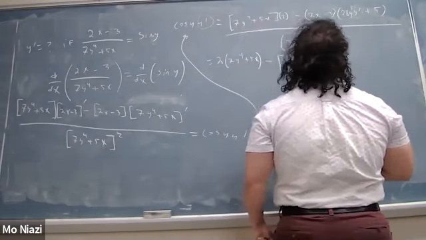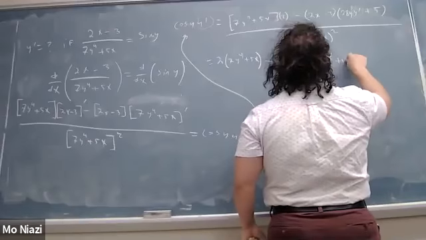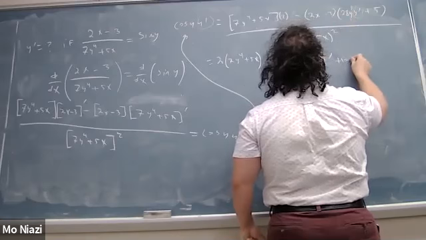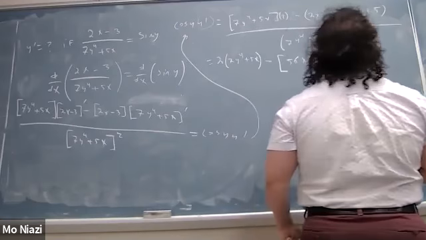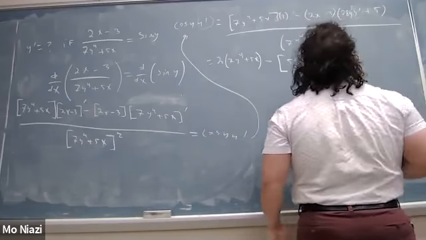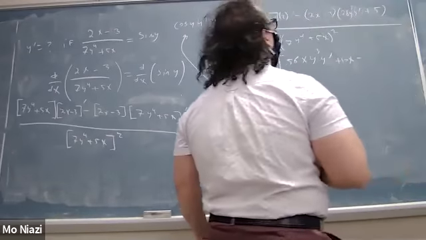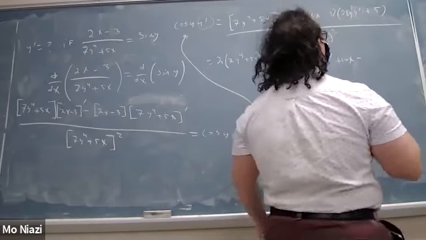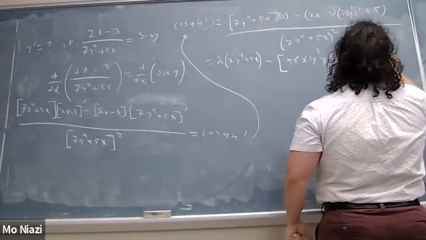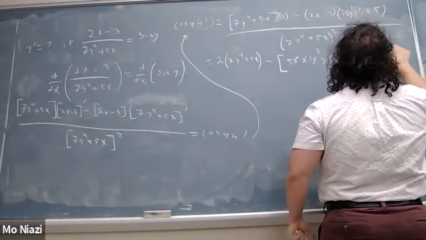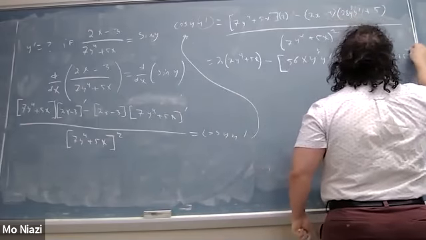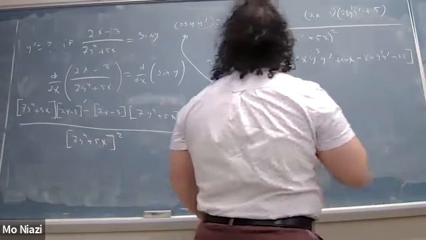And then the 2x times the 5 is plus 10x. Now, what's negative 3 times 28? Negative 84 y cubed y prime. And what's that minus 3 times the 5?